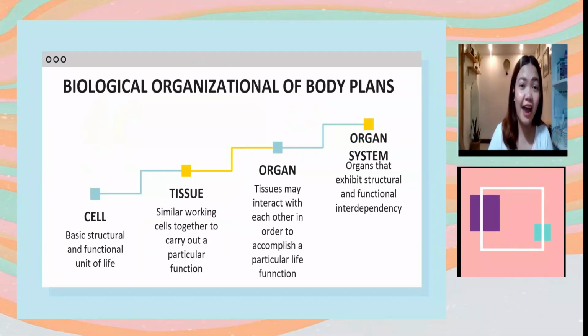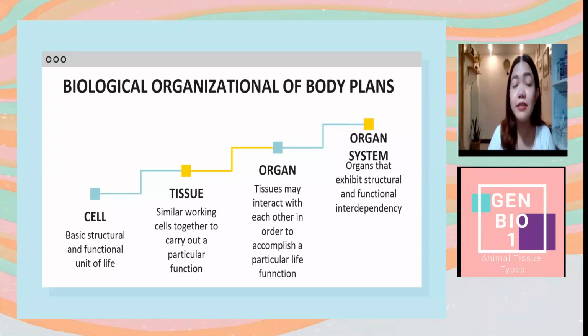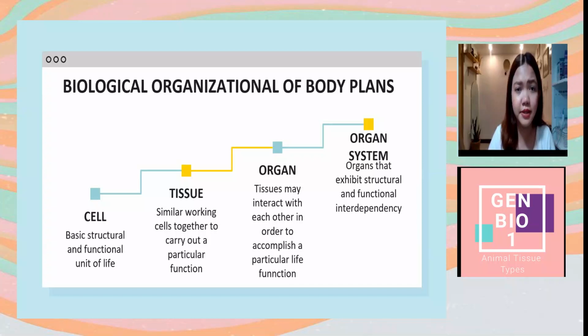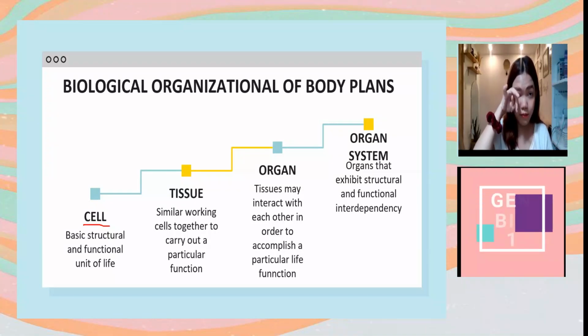So that's the complete hierarchy when it comes to living organisms. But since we're just talking about tissues, let's concentrate on the body plan. It starts with your cell, the basic structural and functional unit of life, which carries out a lot of life processes.